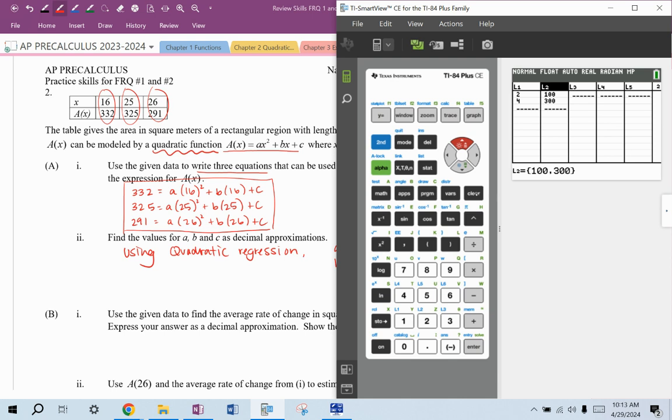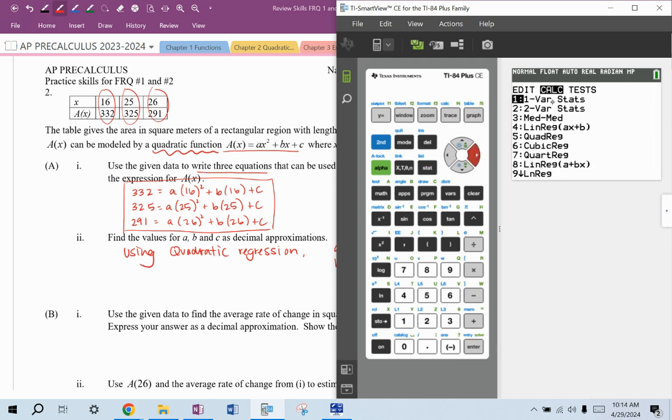So go up to the heading, press clear, press enter. Press clear, press enter. Type in your X values, 16, 25, 26. Type in your Y values, 332, 325, 291. Stat, calc, quadratic regression this time, which is number 5.